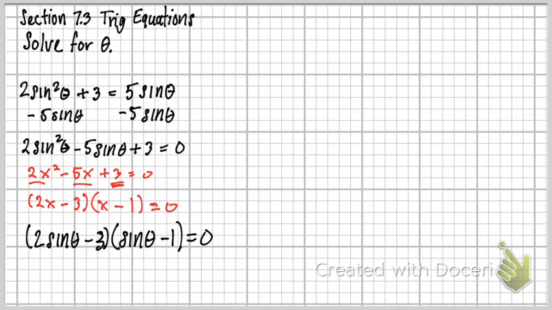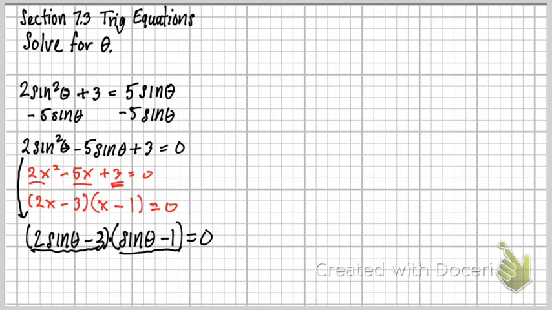Now, as you can see, instead of x, I put sine of theta because I'm talking about my problem from up here. Okay, so now what I'm going to do from here is I have this times here. So that simply means either this is going to be 0 or this is going to be 0. And we follow that same pattern like we did for the previous problem.